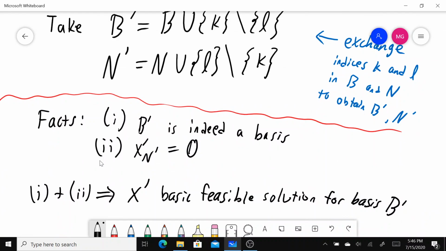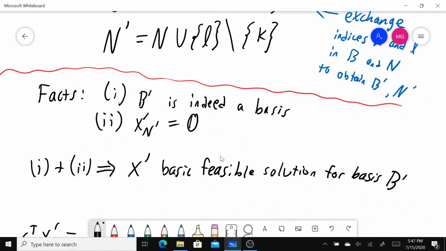And that's what this is saying. So these two facts together would imply that x prime is the basic feasible solution for this basis b prime. We know it's feasible already. That's how we constructed it, to satisfy all the constraints. So it is feasible, and it's basic as a result of facts 1 and 2 being true.